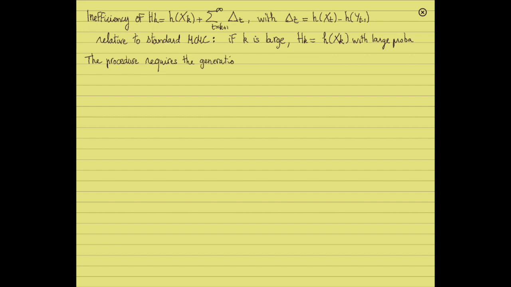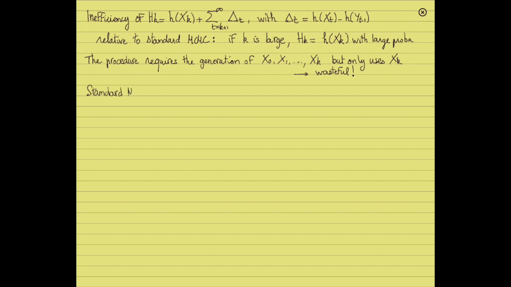So we have to generate x_0, x_1, up to x_k, and perhaps even more steps if the meeting time occurs later, but at least we need to generate k steps. But the estimate only employs the last state x_k. So all the other ones are thrown away in the final estimator. And that seems apparently wasteful. And indeed it is wasteful.